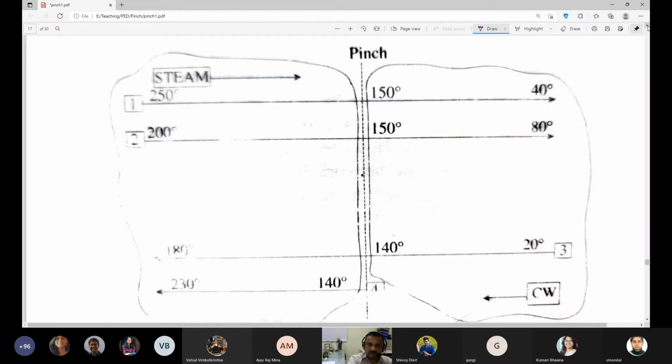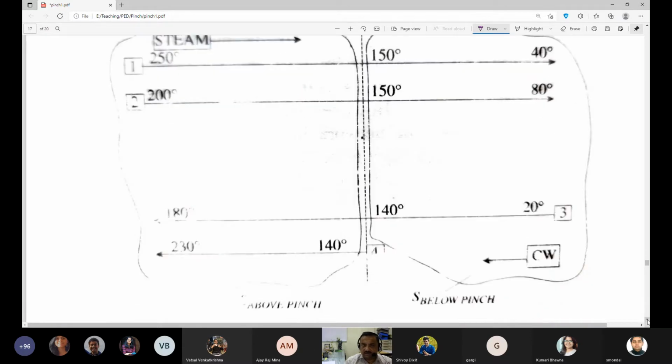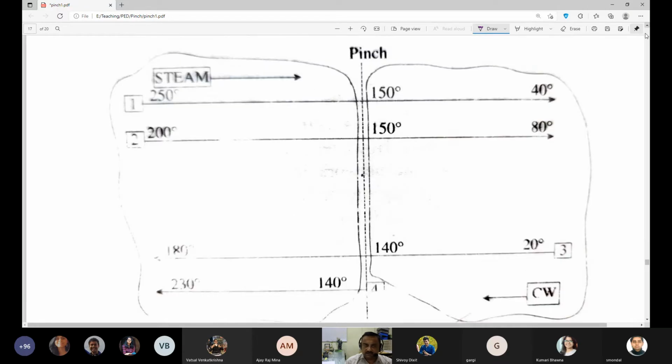Or if you want to put additional weight to the utility, that is your choice. But first we have to find out the annualized cost for the heat exchange area that you require, and the annualized cost for the utility. To find this out, you may note that since you are working with 145 as the pinch temperature, you can note 140 and 150 as the two temperatures.